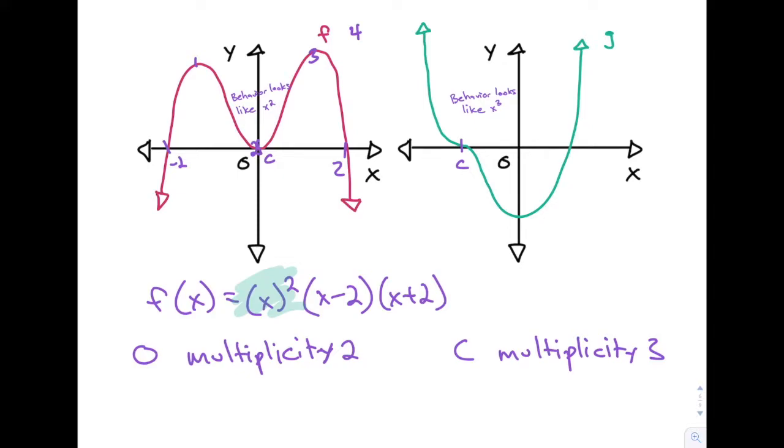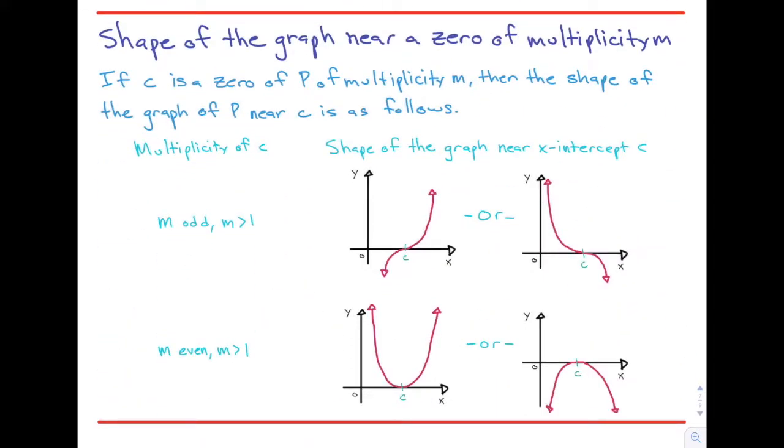So I'll summarize these two concepts. The shape of the graph near a zero of multiplicity m. Remember, zeros are where a polynomial crosses the x-axis, and a zero is of multiplicity m when there is more than one copy of that zero in the equation of the polynomial. If c is a zero of p of multiplicity m, then the shape of the graph of p near that zero c is as follows.